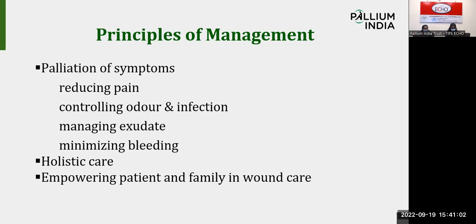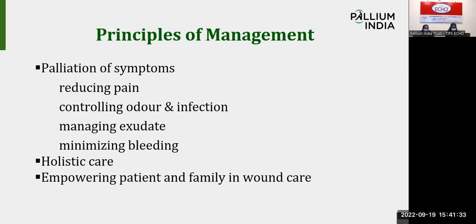Holistic care is total care. Physical, emotional, social, and spiritual care is needed for this patient, and empower the patients and family in wound care. This is very, very important. Whenever the patients come to you for dressings, you have to empower the caregivers also. When we do the assessment, if possible, do an individual assessment, because in front of the caregivers they won't tell the truth.